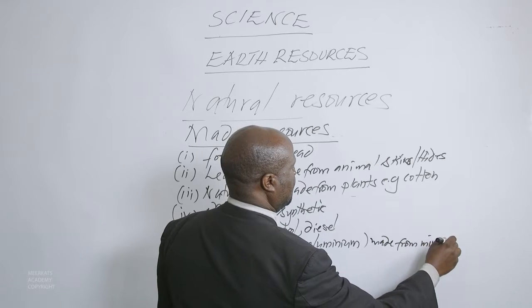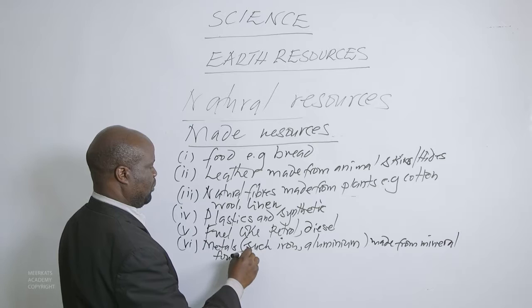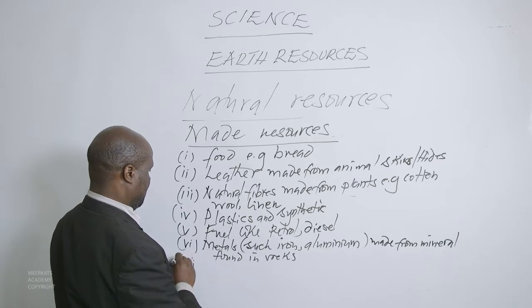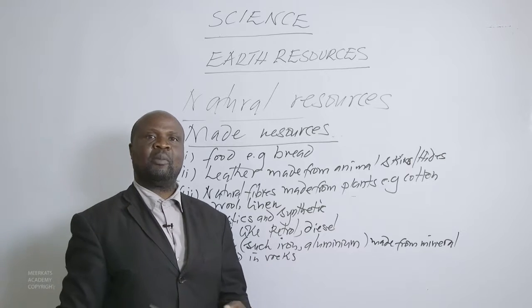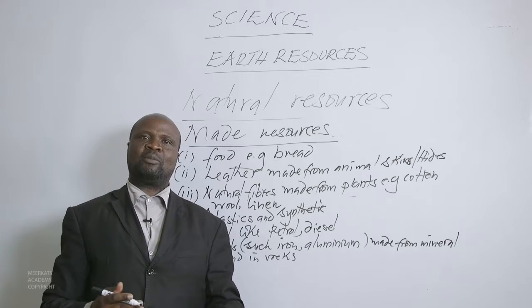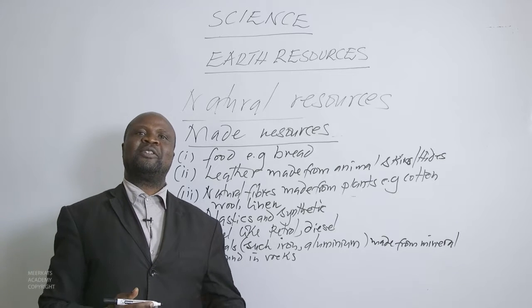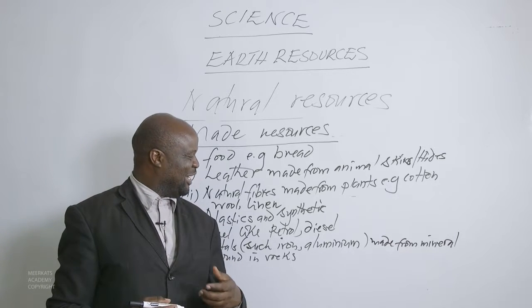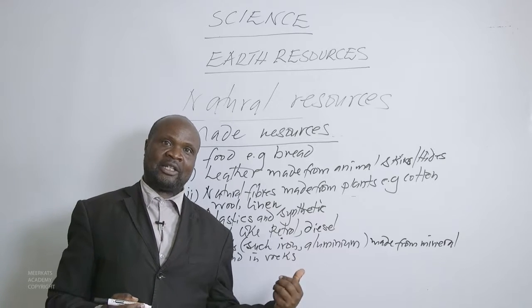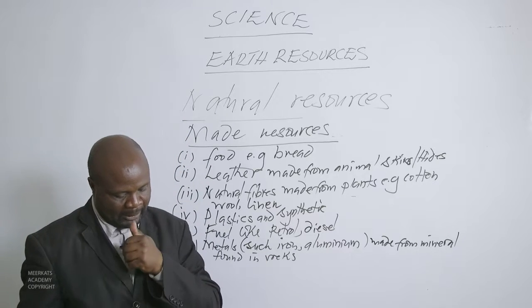We know the importance of iron, we know the importance of minerals in terms of construction and building. They are very important. So we are saying these metals, yes, we are able to get our aluminium and so forth. These are made resources. We are getting them from the natural resources, the rocks and so forth. So from the rocks we can get these made resources.